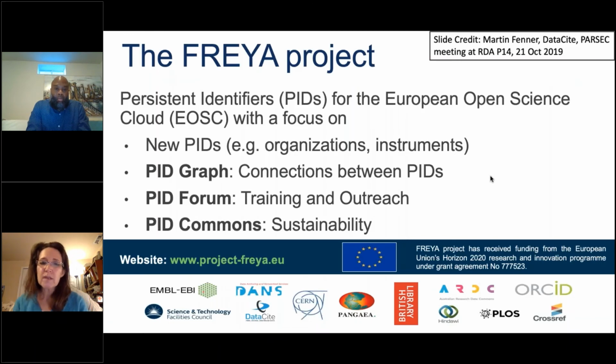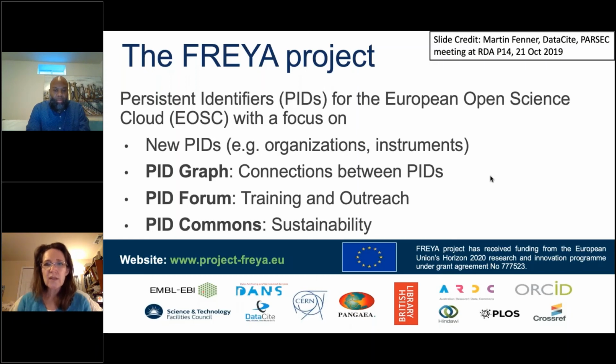One of the groups is funded out of the European Commission called FREYA, and they've been working on a PID graph, and it's continuing to develop. Martin Fenner, who's one of the members of FREYA, provided us with a presentation during a meeting that we were having at the Research Data Alliance last year in October.